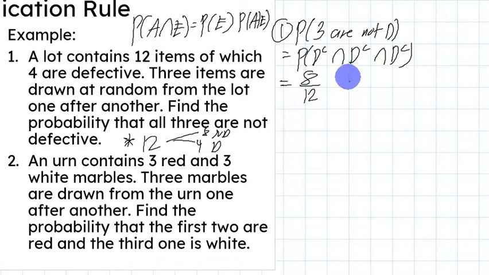Now, at the second draw, since we already drew one item, it will not be over 12. It will be over 11 already. And the probability of again drawing a non-defective item has been reduced by 1. So we remove 1, and this becomes 7. As you can see, this represents our probability of A given E.